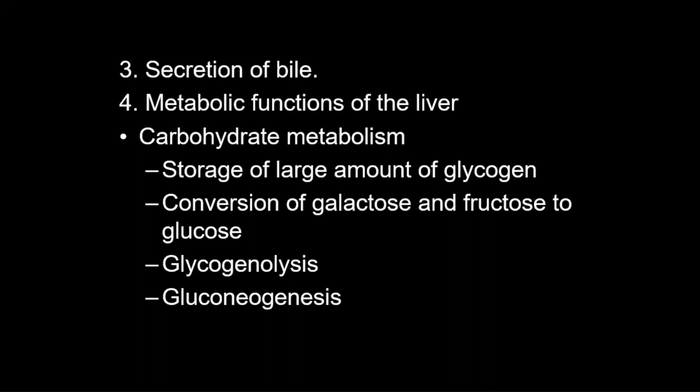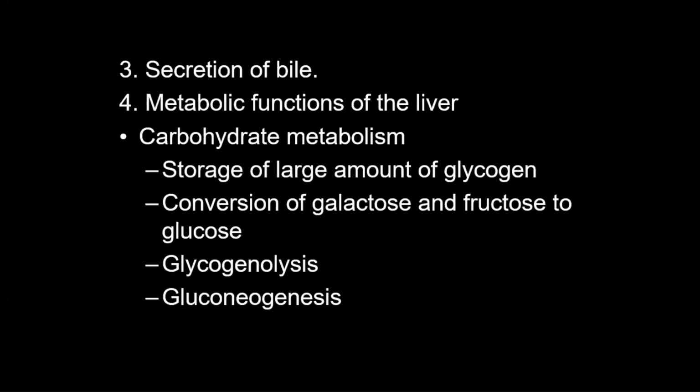Now let's revise the carbohydrate metabolism, the metabolic function of the liver. In carbohydrate metabolism, the liver functions as a storage of glycogen, so a large amount of glycogen is stored in the liver, and the liver converts galactose and fructose to glucose.